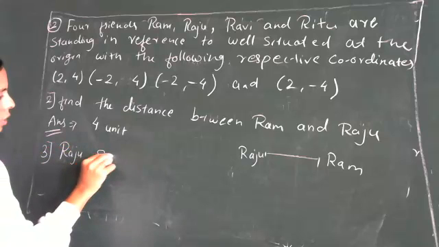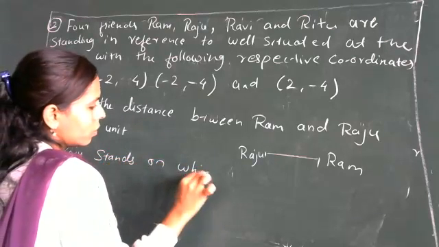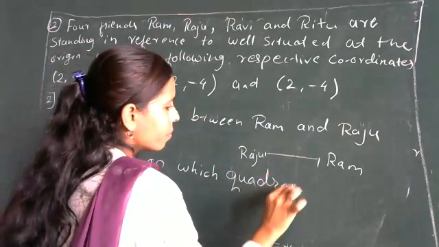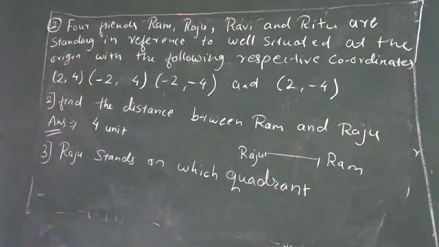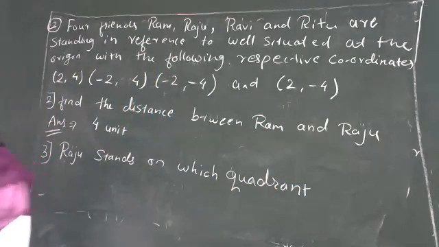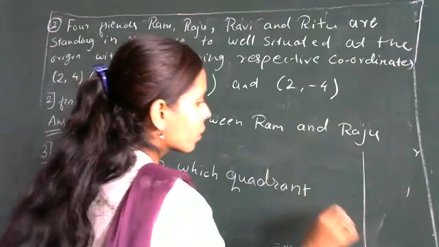Now Raju stands on which quadrant? When we drew a graph for the first question, we saw which quadrant each person stood in.